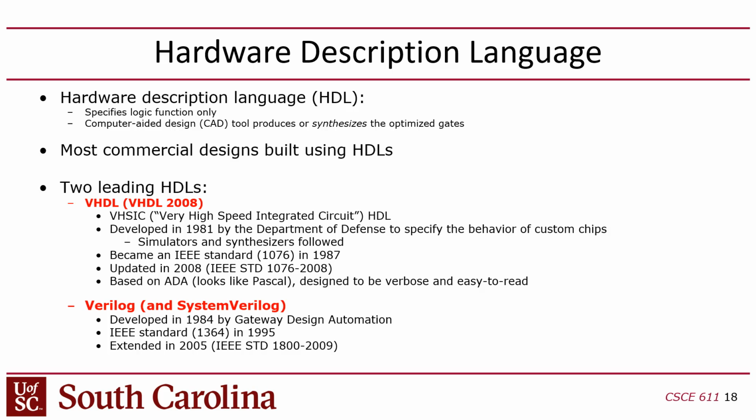Nowadays, people are using Go and Rust, which are fairly new languages, right? There's a lot of languages, and even among the most popular, there are 10 or so that are very popular. But in hardware description languages, there's really just two that both have about equal shares. And then there's some less common ones like BlueSpec and Chisel. There's some newer ones. But VHDL and Verilog are the two most popular ones.